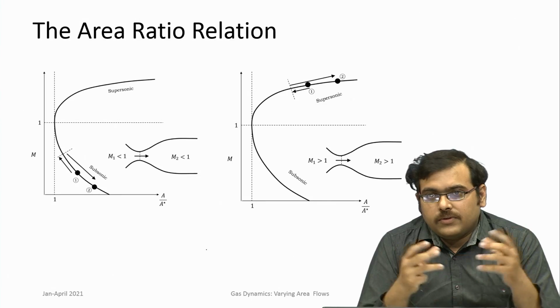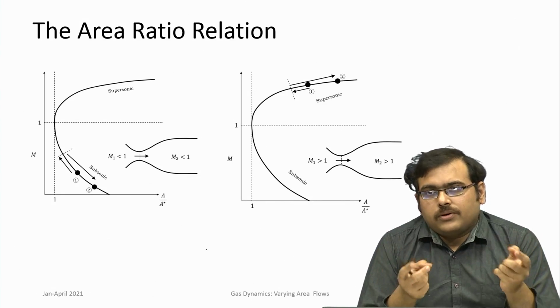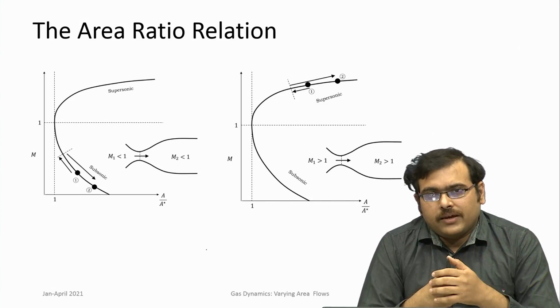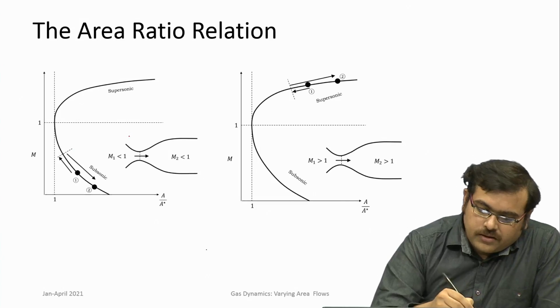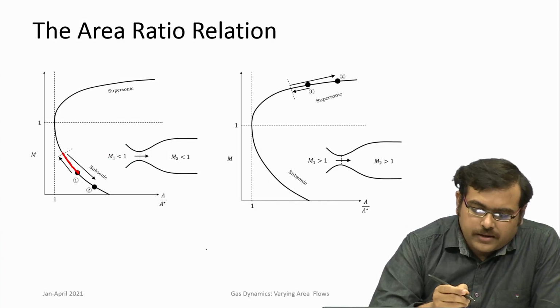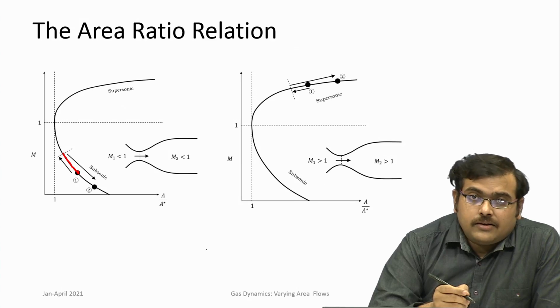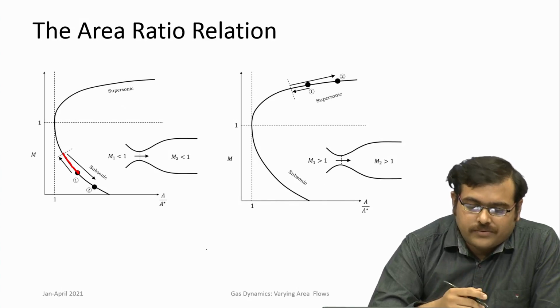But if the pressure ratios across the duct do not support such a flow behavior, then you can have changes like this: first you started off with a subsonic flow M1. There was a convergence, so the flow accelerated, increased its Mach number, but then the pressure ratios across the duct did not support its further acceleration.